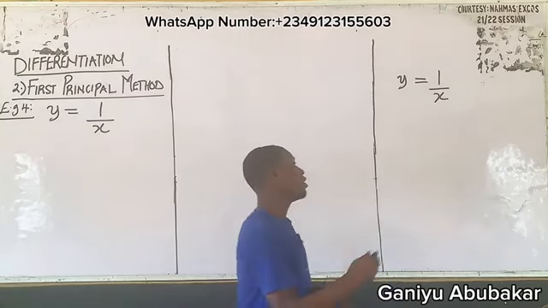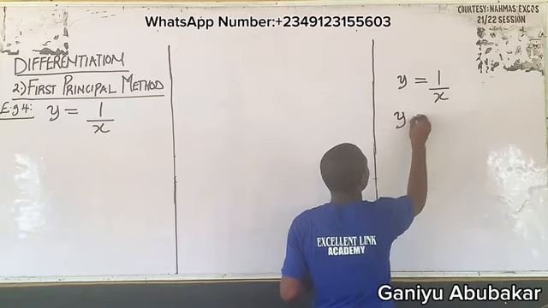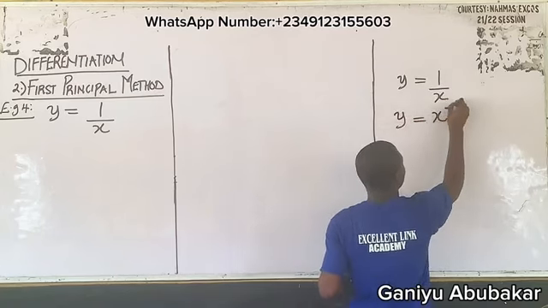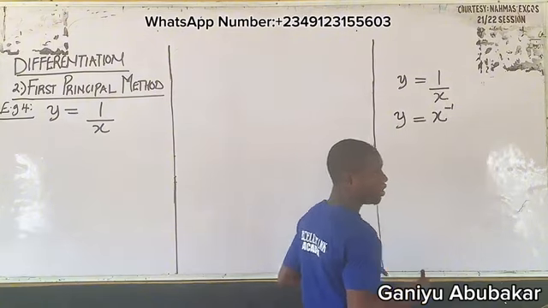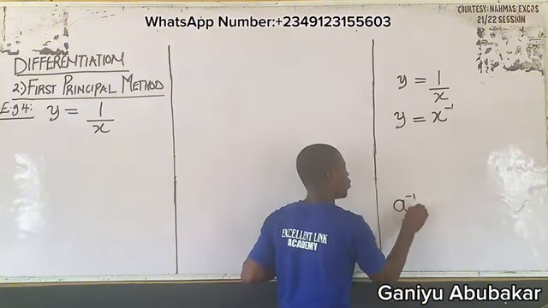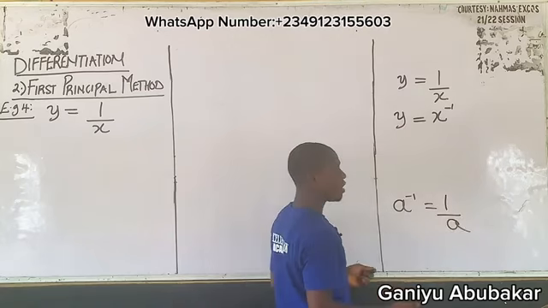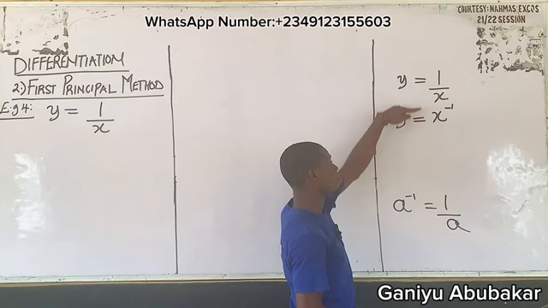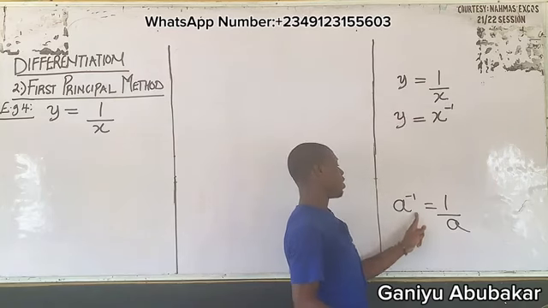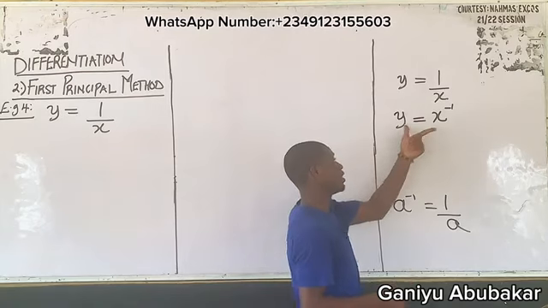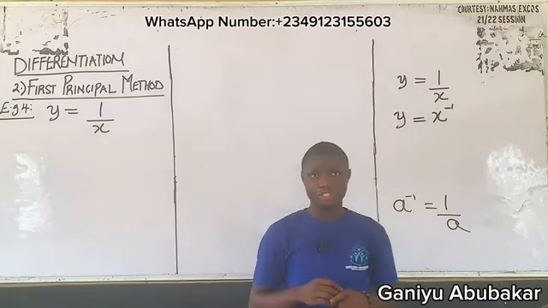If I take this to indices, I should have y equal to x to the power minus 1. In indices, if I have a raised to power minus 1, it can be expressed as 1 over a. Similarly, 1 over x is x to the power minus 1, applying the concept of indices. So it has now become something I can solve using the general method.